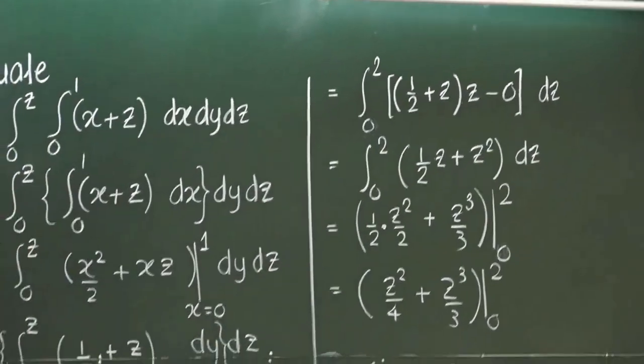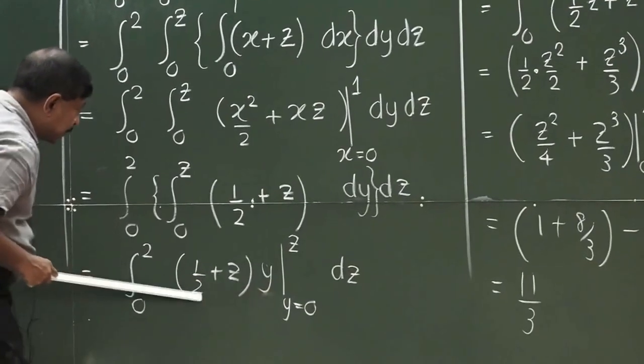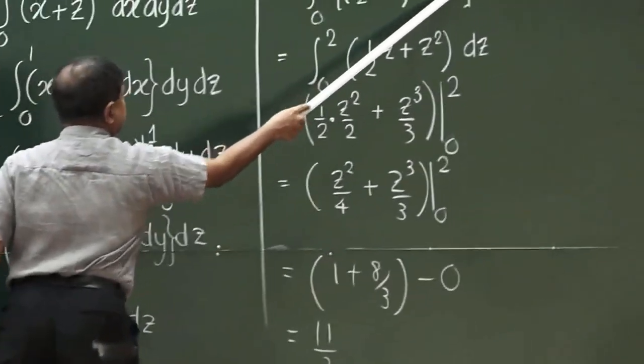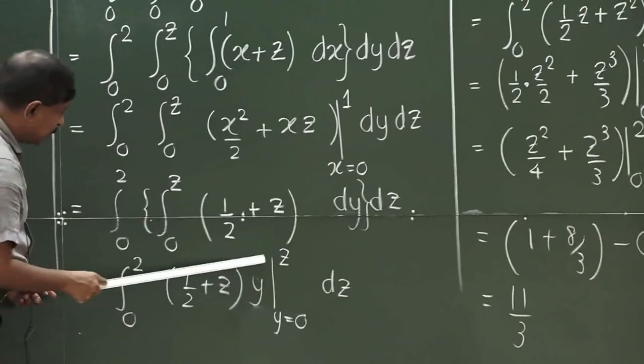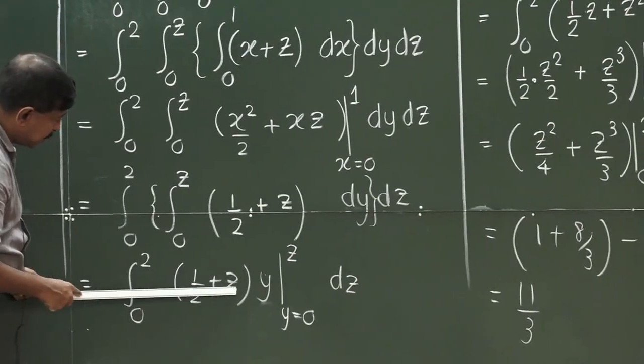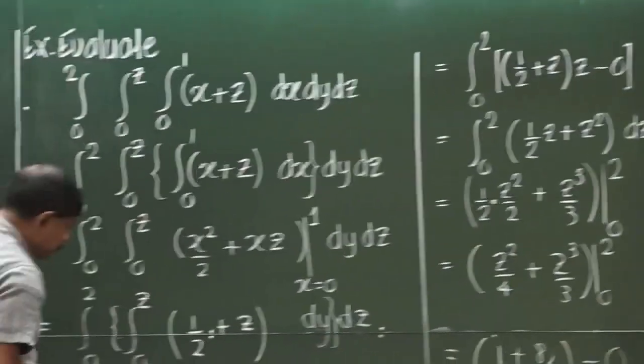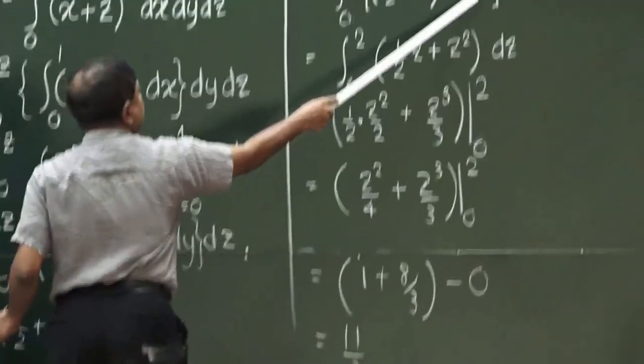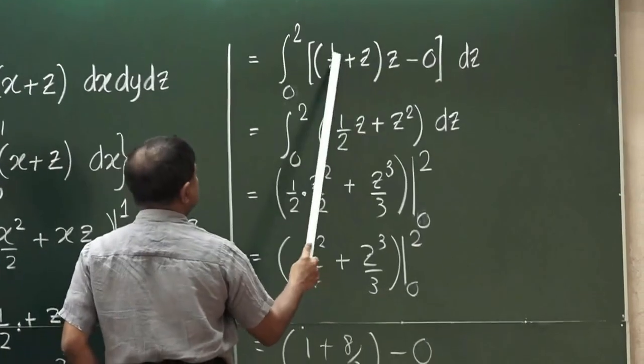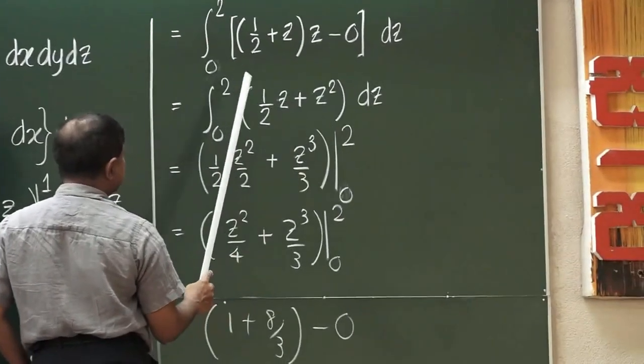When you plug in 0, you get 0 here. Again, when you plug in z, you get half plus z times z. When you plug in 0, you get 0. Now, simplify, you will end up with this.